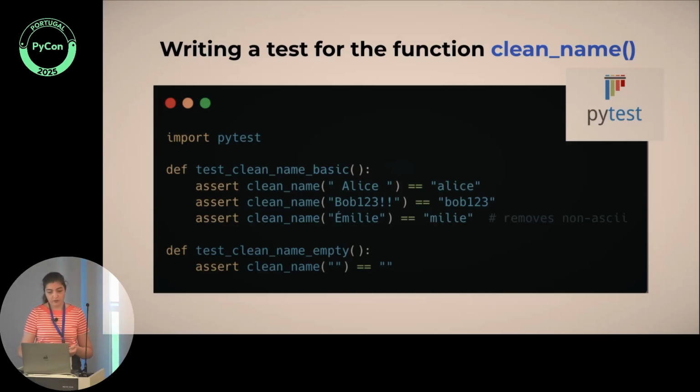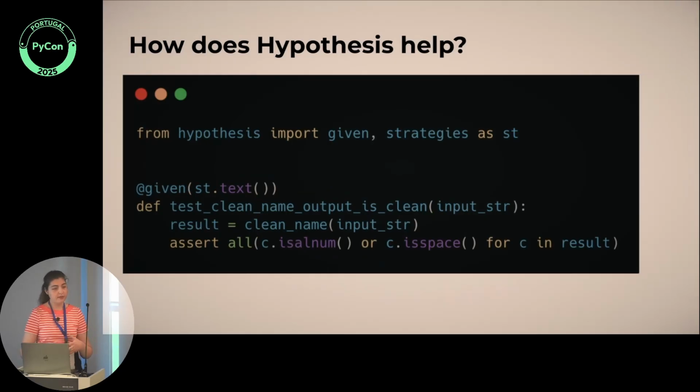So what is the solution for this, and how does Hypothesis help? Hypothesis is the property-based Python library, and instead of specifying the test cases manually, it does the job for you automatically.